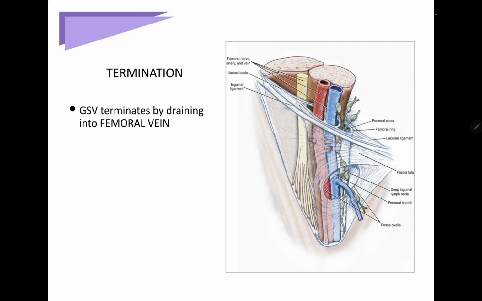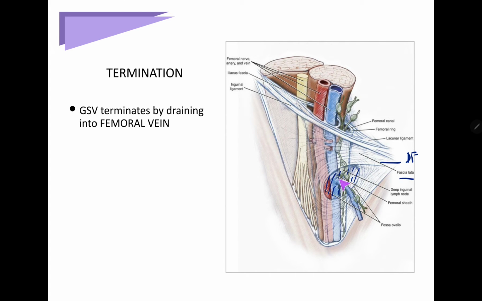So you can see here in this diagram much more clearly that this bluish thin fascia is the deep fascia or the fascia lata. And this is the defect which you can see, which is called the saphenous opening or the fossa ovalis, because it's oval in shape. And this is usually covered by a very thin cribriform fascia.